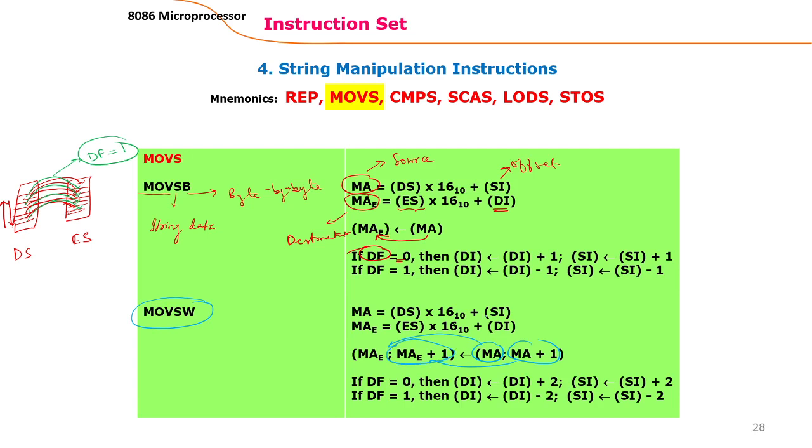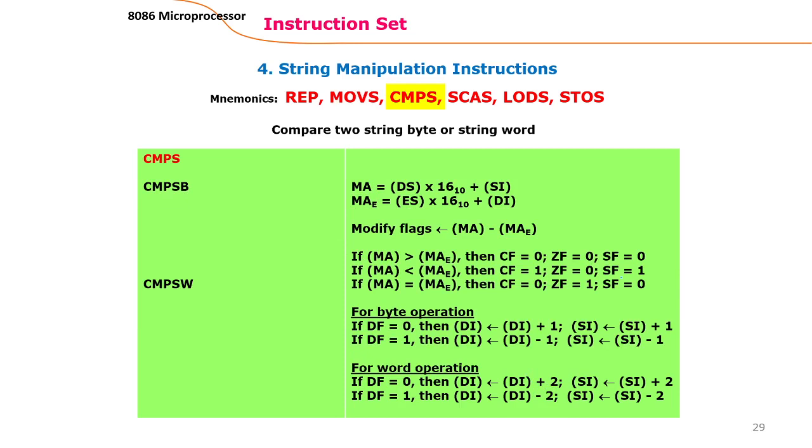So here the increment or decrement of source and destination will take place in two steps, plus 2 or minus 2, because it is a word operation.